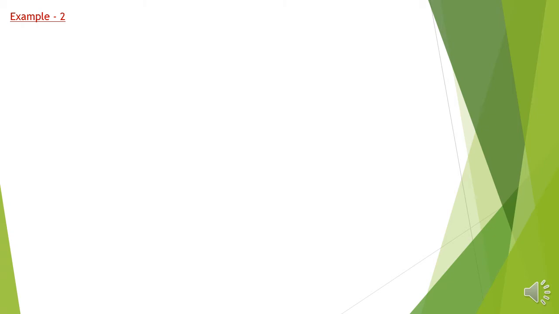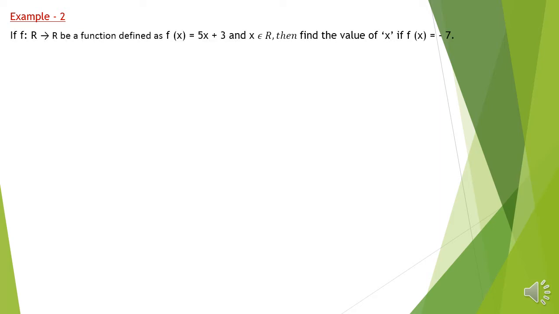Our example 2. Now here the function f is defined as f(x) = 5x + 3, x belongs to real numbers, and we have to find the value of x, and the given is f(x) = -7.